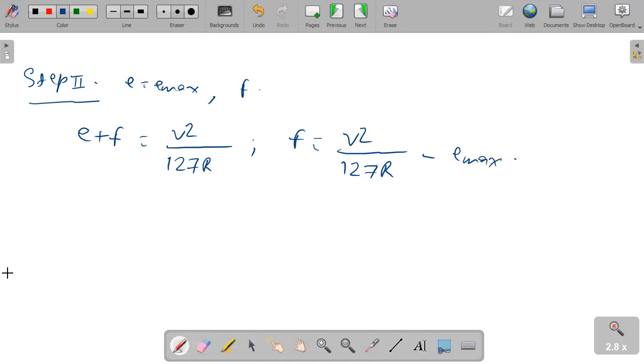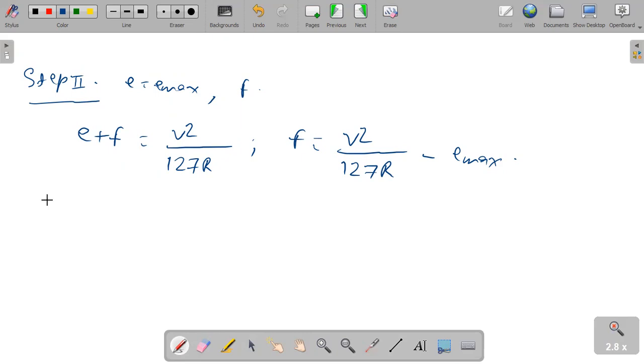Generally, by IRC recommendation, E max is 7% and F is 0.15. Otherwise, if the values are not given in numericals, then you will take E max is equal to 7% and F is equal to 0.15, otherwise use the values given in the numerical.